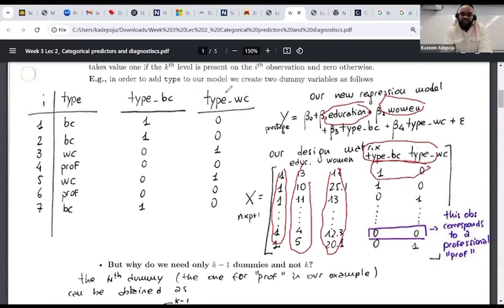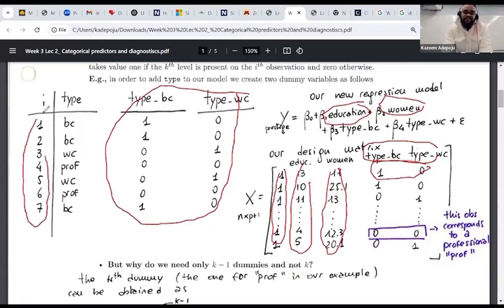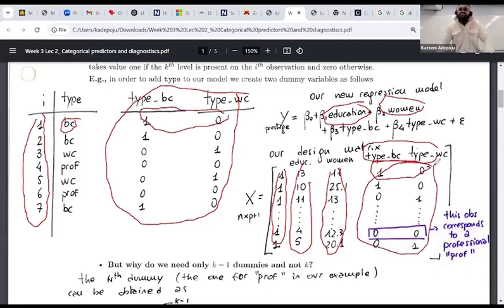Now, in the design matrix, you can see 1, 0, which is what we formulate here. It's like we have worked with 7 observations. The first person in the observation has type BC. There are 3 levels of type. When he has type BC, that is going to be 1, 0. So this is what I put right here.